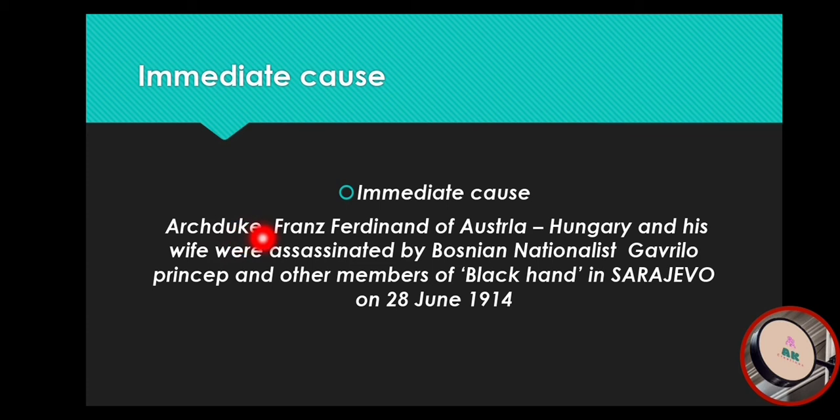He planned to go to the hospital to see the soldiers. He wished, I have to go and talk to the soldiers, like a famous king actually. But that changed world history. So when Archduke Franz Ferdinand of Austria-Hungary and his wife were assassinated by Bosnian nationalists.